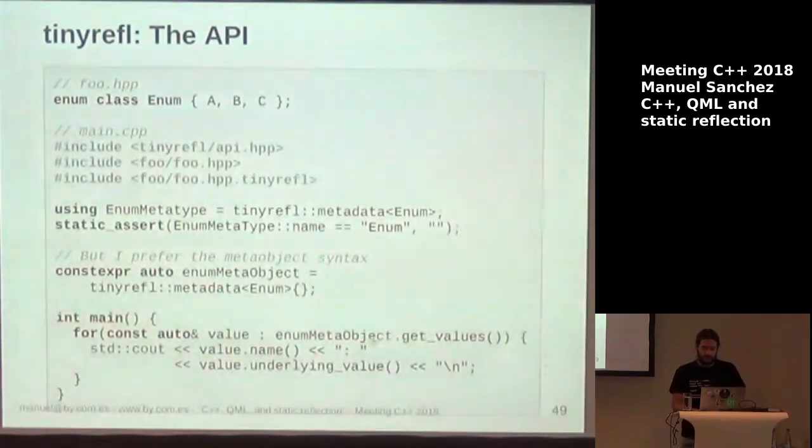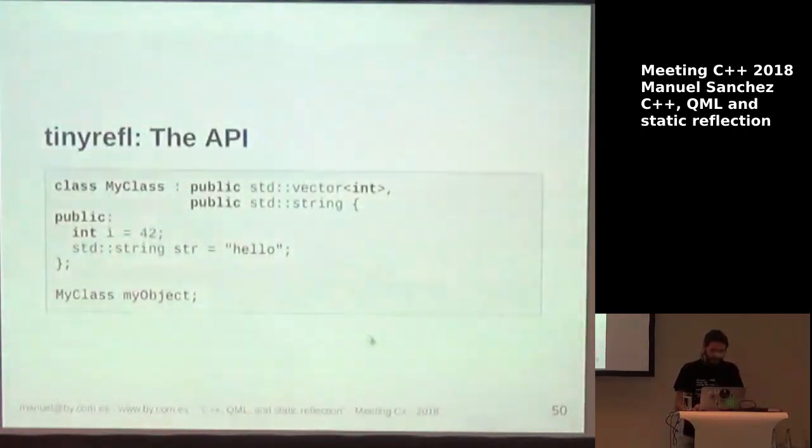It has a method in the any enum meta object, like, is this integer value a valid value of the enumeration? Stuff like that. So for a header like this, inheriting from vector and string, that's not very good, but it will work.